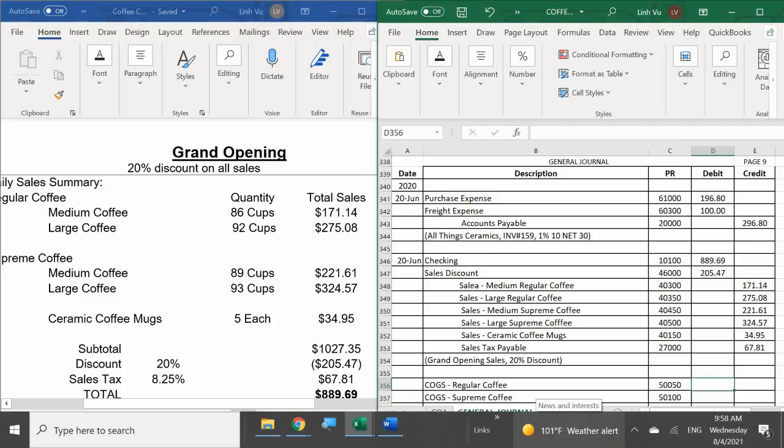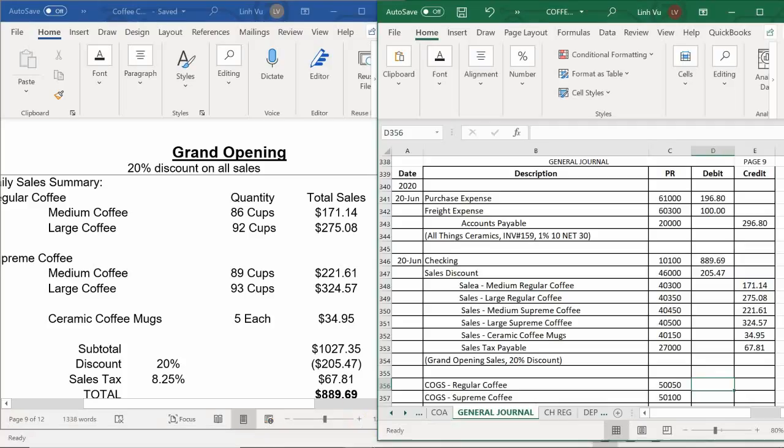And for the next section, you need to go back to your inventory, correct? To get the costs of regular coffee and the cost of supreme coffee. You could do that. Do you want to do that first? Or do you want to just... Yeah, never mind. You go to the, because you need to move to the general ledger now, correct?